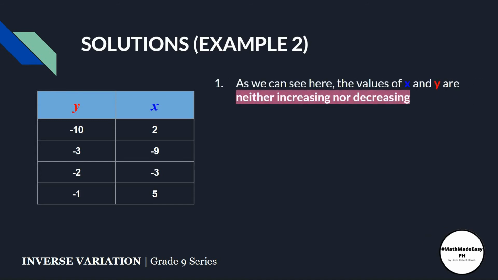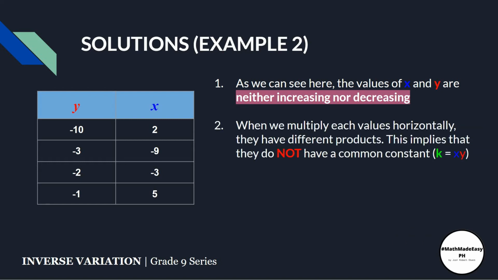As we can see here, the values of x and y are neither increasing nor decreasing. Nakikita natin, although y is decreasing, pero si x, parang wala siyang order. It is randomly positioned. When we multiply each values horizontally, they have different products.